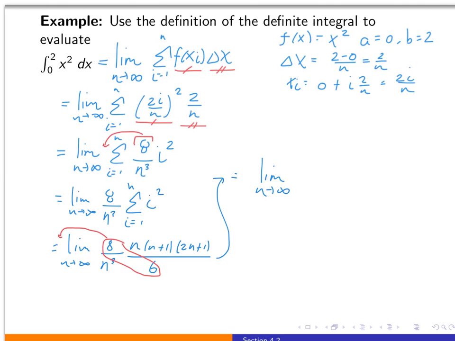We can pull that out front of a limit. Inside the limit, we have in the top, let's just go ahead and expand this all out. It will become 2n cubed plus 3n squared plus n. And in the bottom, we're dividing by n cubed.